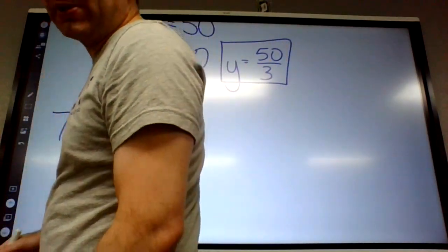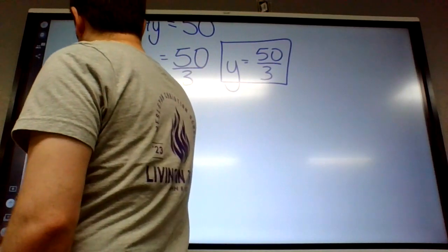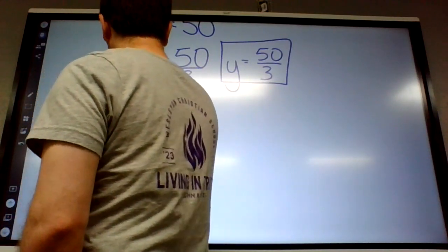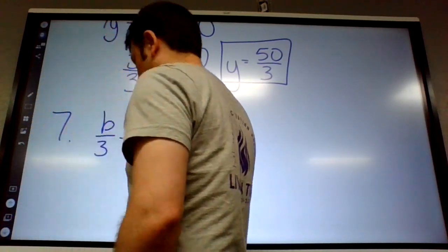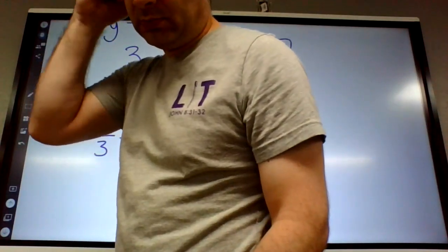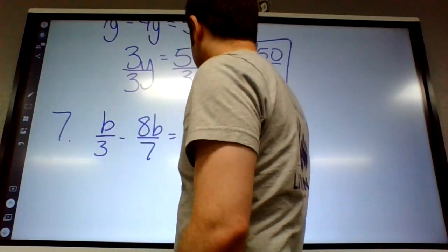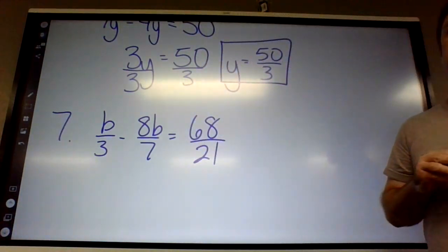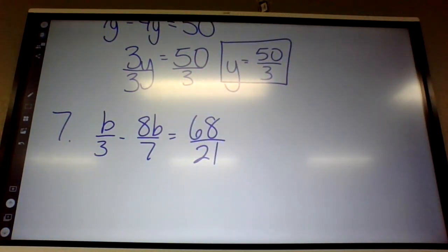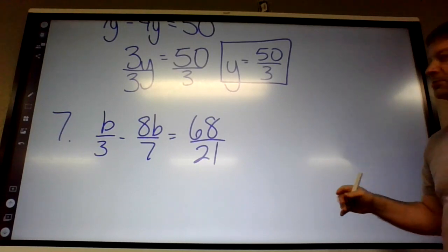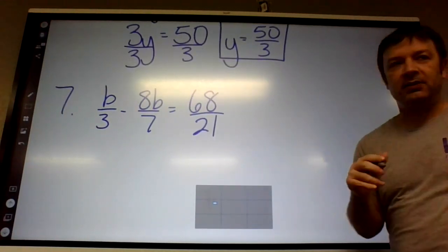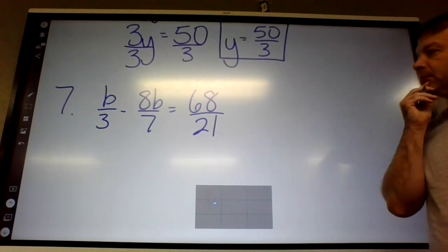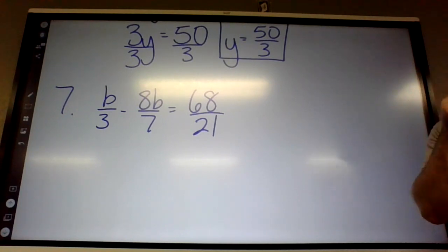B over 3 minus AB over 3. 21. Okay. Brianna, do you know what 3, 7, and 21 will go into?